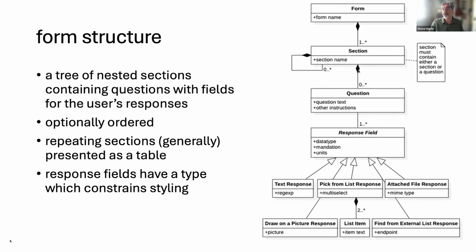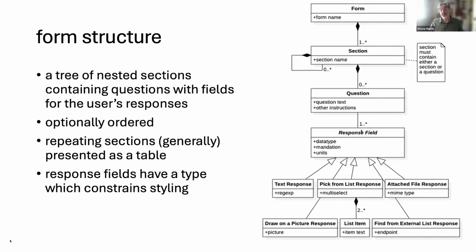And then at the leaves of those, you have questions, and questions have text and they have instructions. They'll say, is the patient breathing? And there may be some instructions on how to work out whether the patient is breathing or not, for instance, if it's for a non-clinical member of staff.